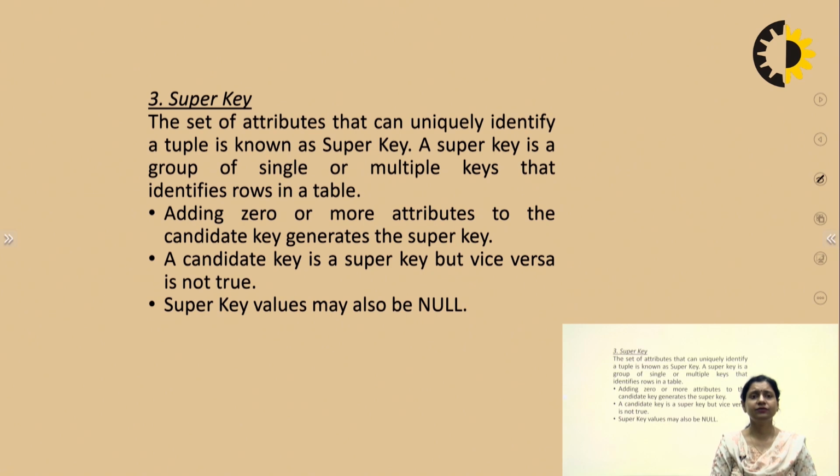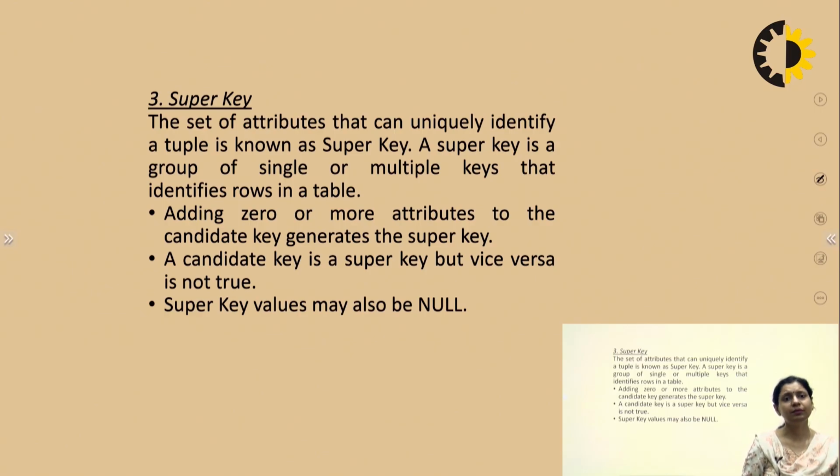The next set of keys that we have is the super key. The super keys are those keys which uniquely identify a tuple in a relation, but they can have null values. In the candidate key and the primary key, we have seen that they uniquely identify the records, but they cannot be null.